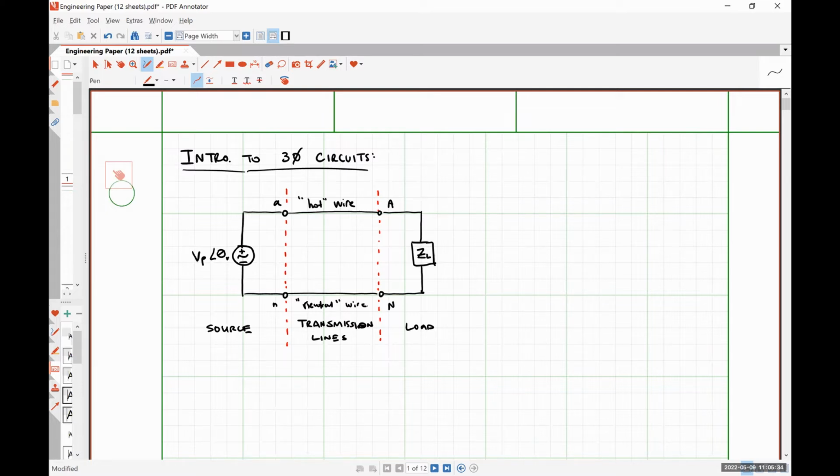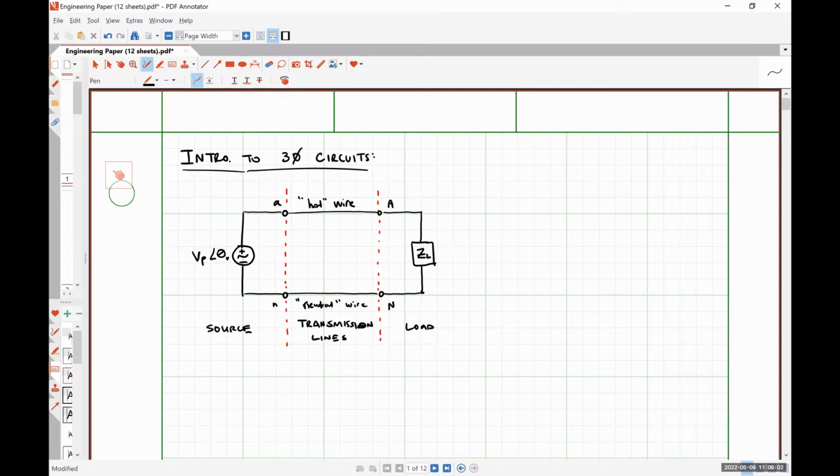So I want to point something out that I'm going to be doing continuously for the remainder of this class. Anytime I have terminals, voltages, whatever, associated with the source side of our system, I'm going to use lowercase subscripts. So lowercase a and lowercase n in this case.